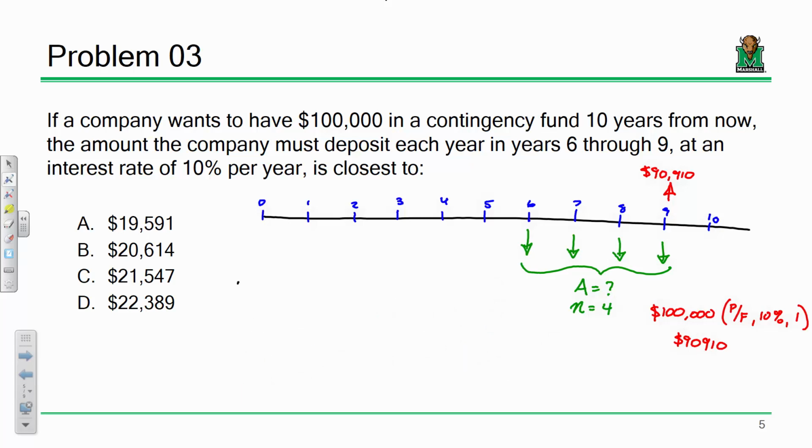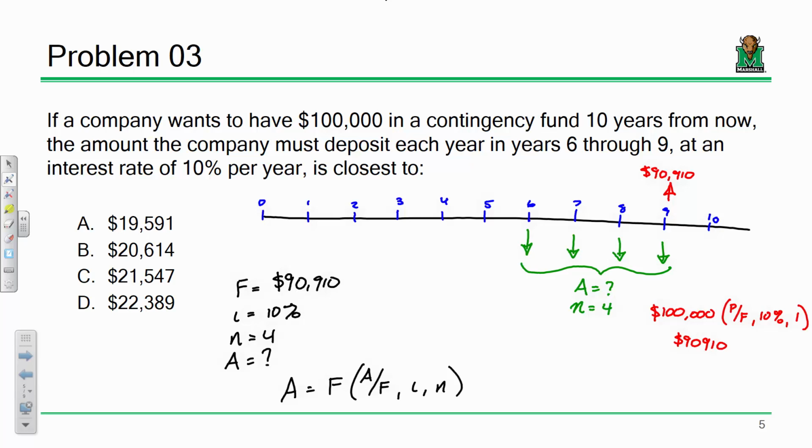I've got a future value of 90,910, an interest rate of 10%, and a number of periods of 4, and I need to find an annual amount. So A equals F times A over F for the appropriate interest rate and period, which is 90,910. What do you get when you do that?